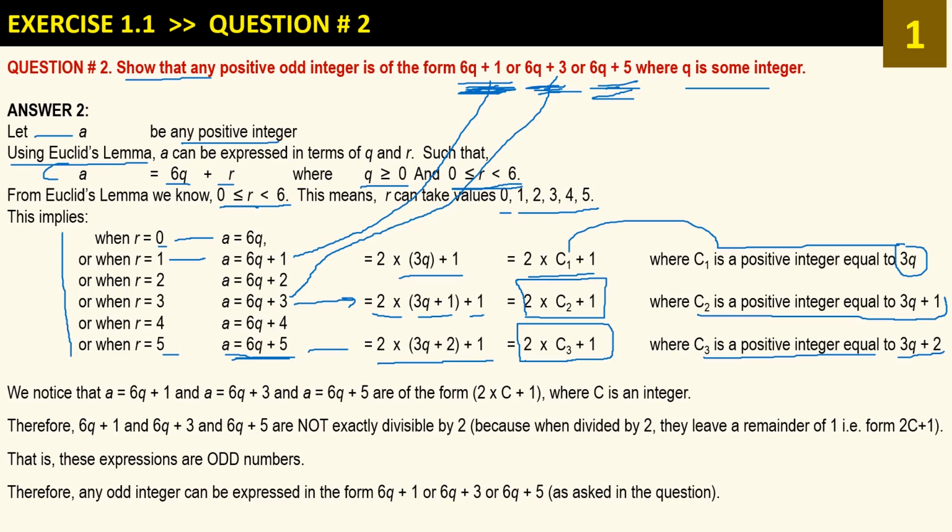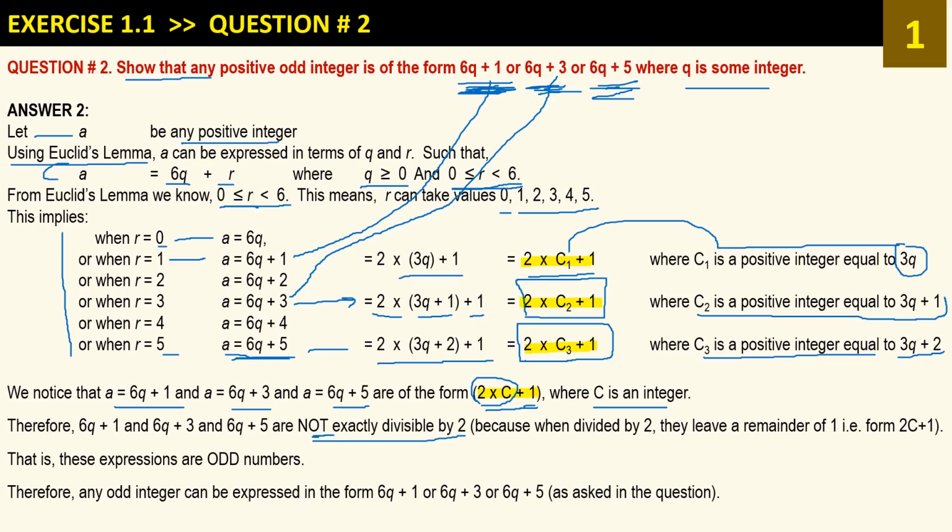Now we see that all these forms, 6q plus 1, 6q plus 3 and 6q plus 5, are of the form 2 times c plus 1, where c is an integer. So a is taking the form 2c plus 1. If you notice carefully, 2c plus 1 is not exactly divisible by 2, because 2c is divisible by 2, but when you add 1, it is not.